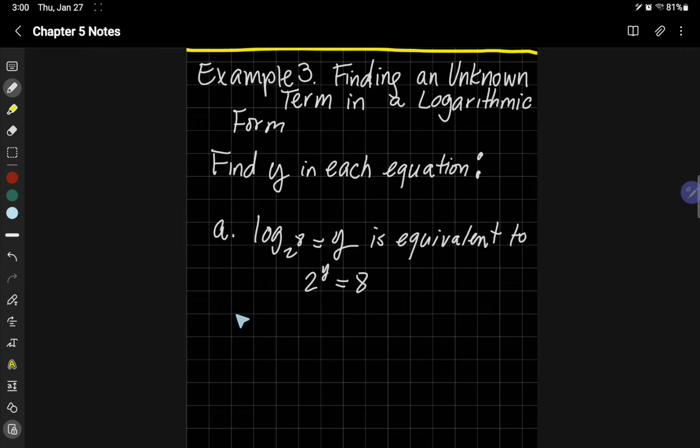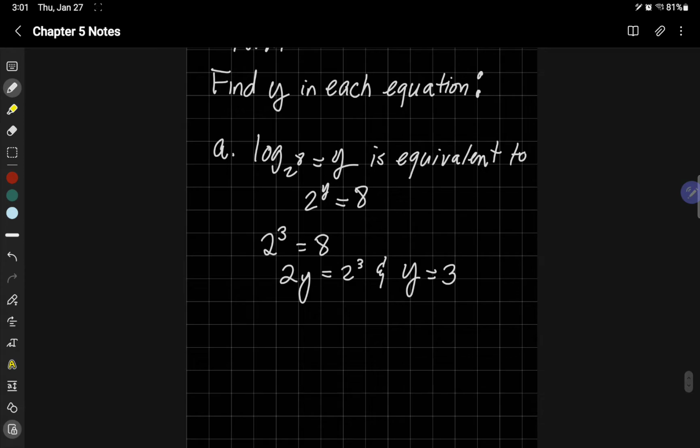It says here, since 2 to the 3rd equals 8, we have 2 to the y equals 2 to the 3rd and y equals 3. This is what the book is showing. Oh my god. Where are they getting this?